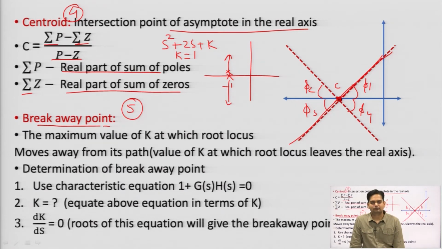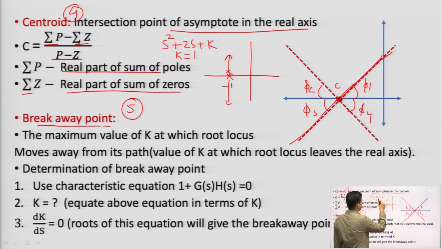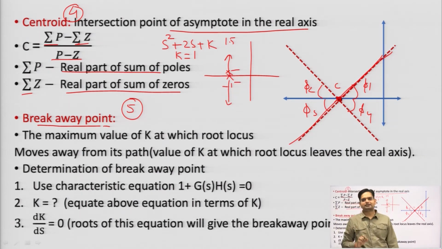So, the value of k at which the poles leave the real axis, because when I further increase the value of k from 1 to 1.5, they will come into the imaginary axis. It means they are leaving the real axis when I increase the value of k. So, the point where my root locus leaves the real axis and goes into the imaginary axis is known as the breakaway point.